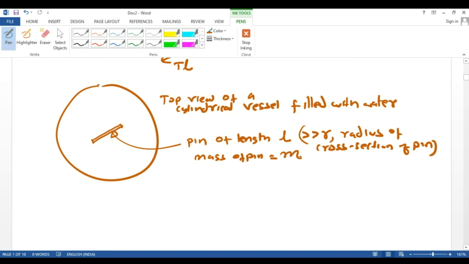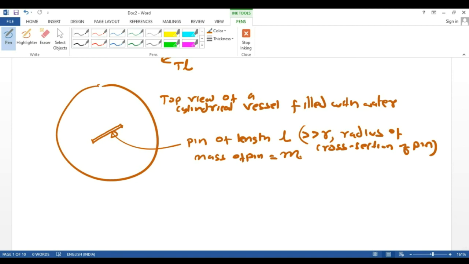Now if this pin is very carefully put over the surface of water, provided that the mass of the pin is small and its radius of cross section is very small compared to the length, this pin is made of iron, which is much denser than water, but surprisingly it is found to float over the surface of water. So what exactly causes it to float?